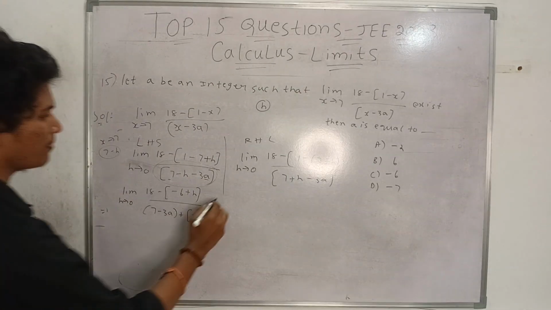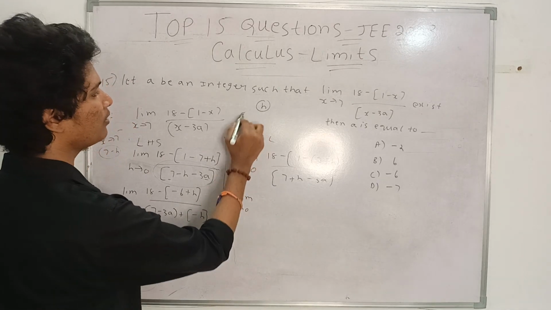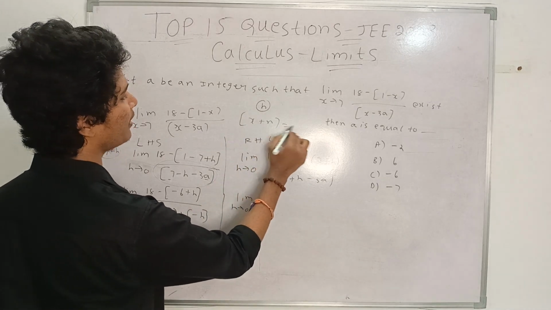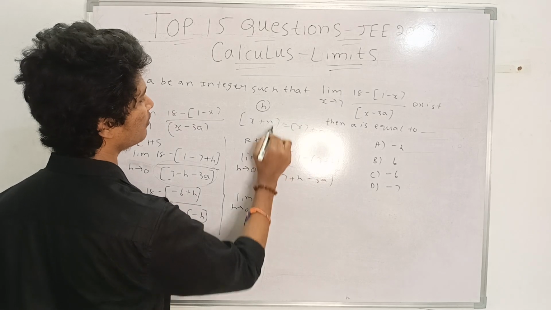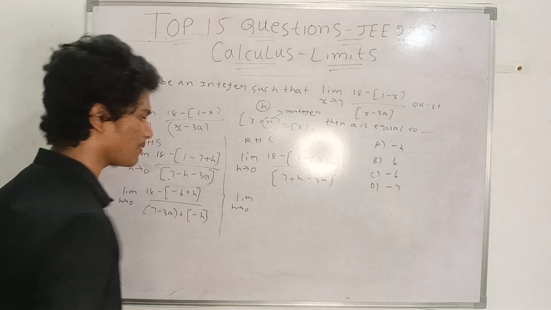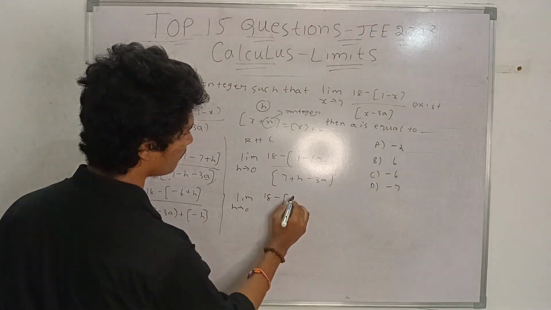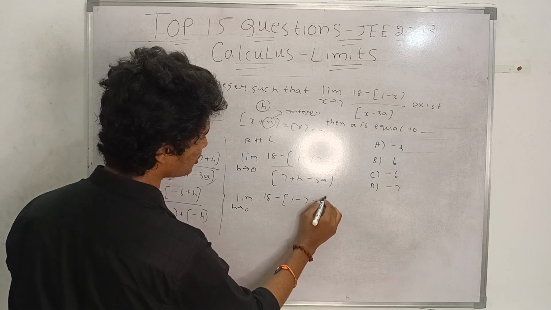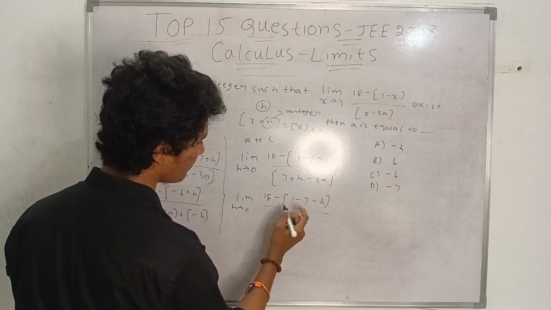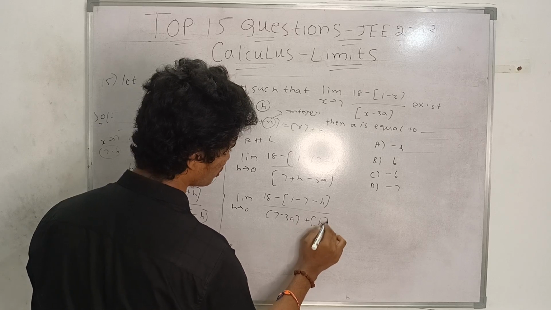Basically there is a property: [n plus x] equals n plus [x], where n is an integer. This property holds in the greatest integer part. So limit h tending to 0, here it is 18 minus [1 minus h] divided by 7 minus 3a plus the fractional part of h.